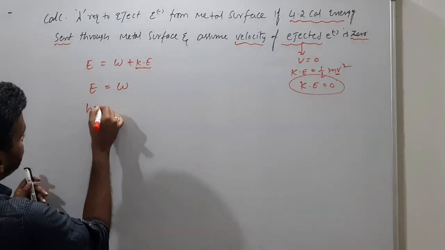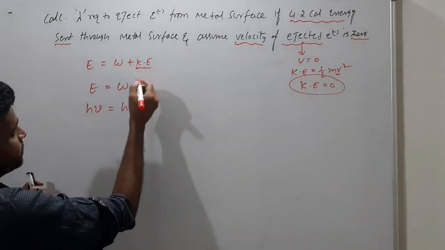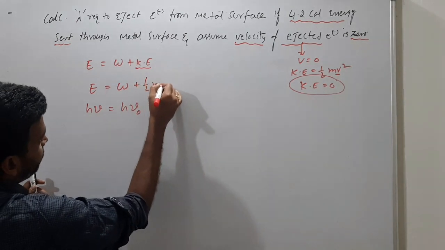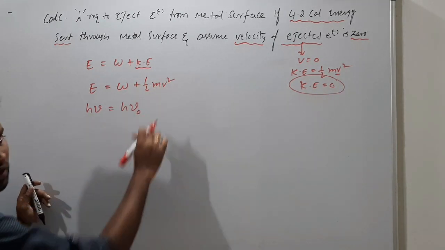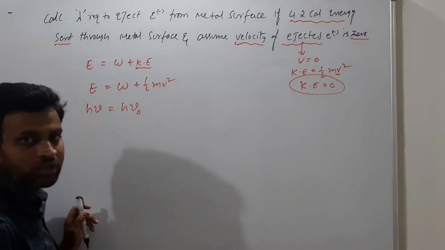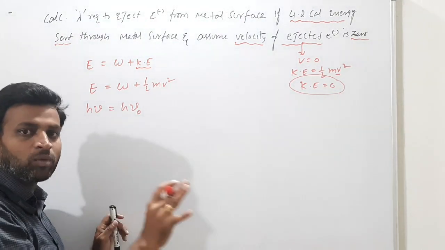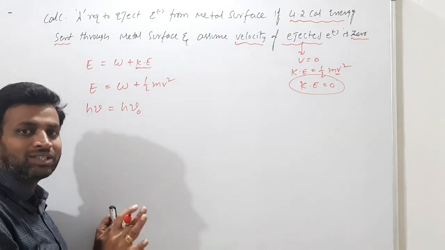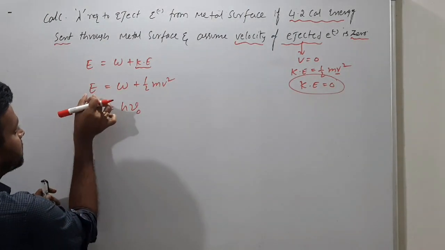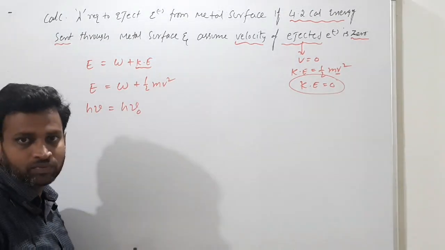So here h nu is actually h nu naught. Understanding everyone? h nu naught equals W plus half mv square, where mass and velocity are involved, and the velocity of the electron is 0. The speed of the electron becoming 0 means the total energy you send in the form of radiation is utilized to eject the electron, converted entirely into threshold energy.